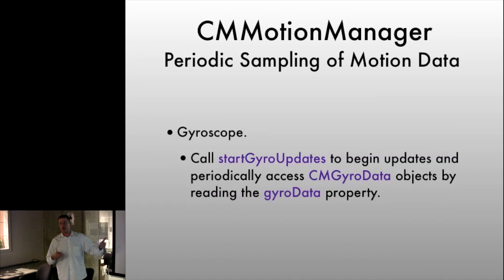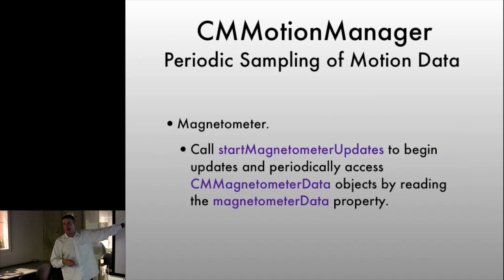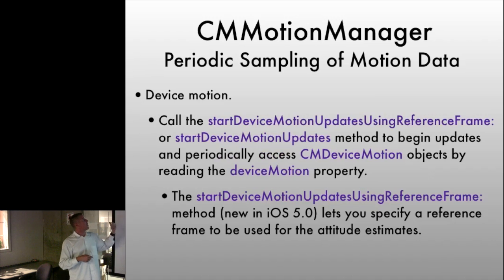Same thing with the gyroscope, it follows the same pattern. Start the updates. You'll access the gyro data property and get CM gyro data objects back. I'm going to show you what these look like in a second. The magnetometer is exactly the same thing. Start the updates, and it'll start collecting information. You can get the CM magnetometer data objects out of the magnetometer data property. So, device motion, same thing.